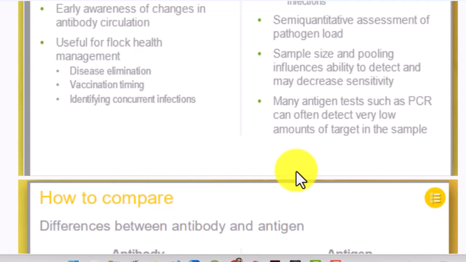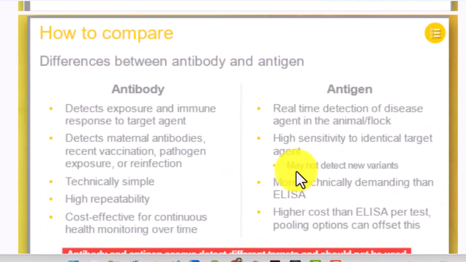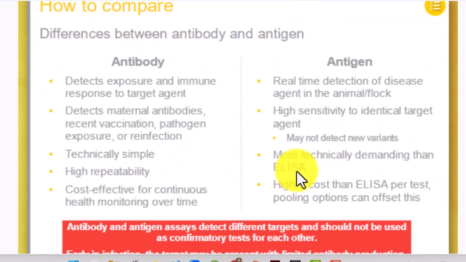Many antigen tests such as PCR can often detect very low amounts of target in a sample. Also with antibodies, we detect exposure and immune response to the target agent, detect maternal antibodies, recent vaccination, pathogen exposure. Technically simple, very simple, highly repeatable. We do it 2 times, 3 times, and the result does not change.